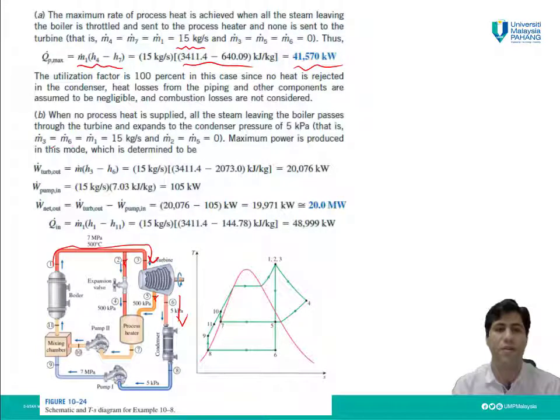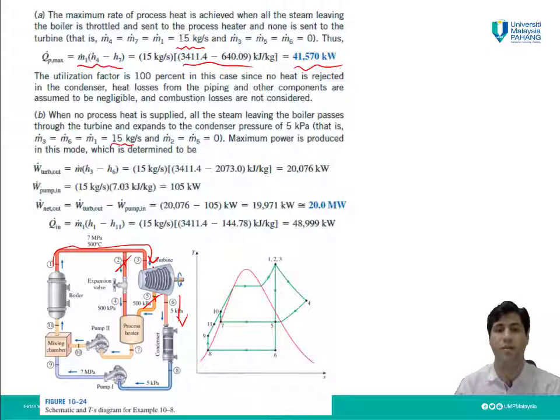So in this case, m3, m6 and m1 will be identical and will be 15 kilogram per second. m2 and m5, as I showed you, will be 0, no flow of the steam in these lines.